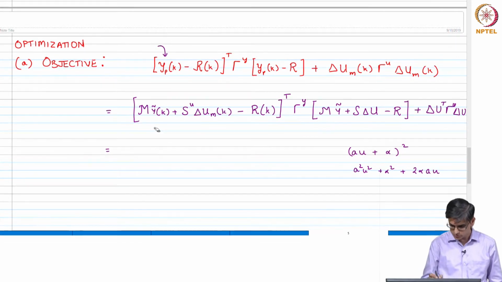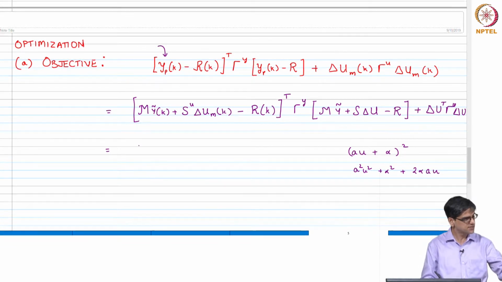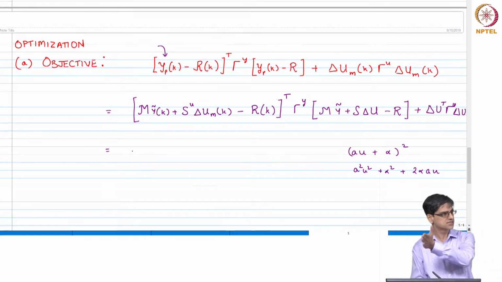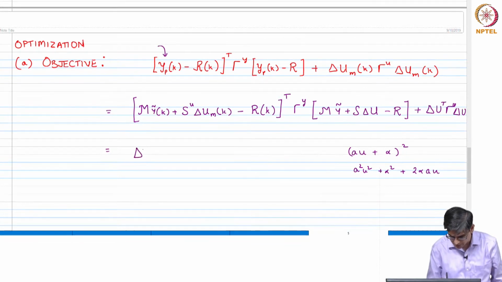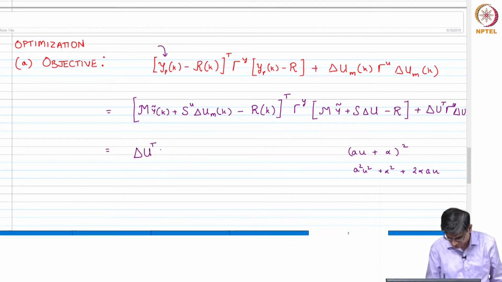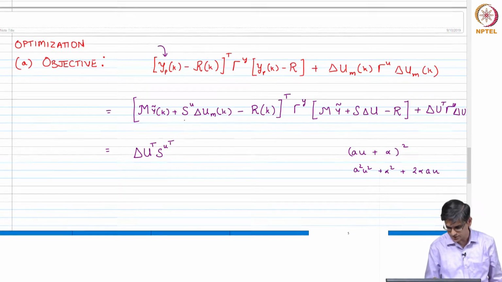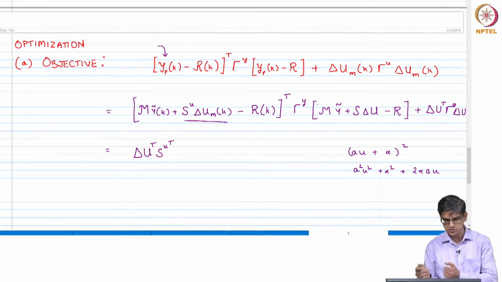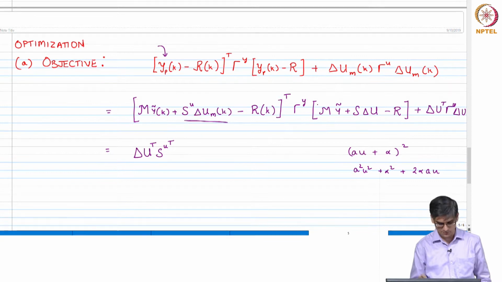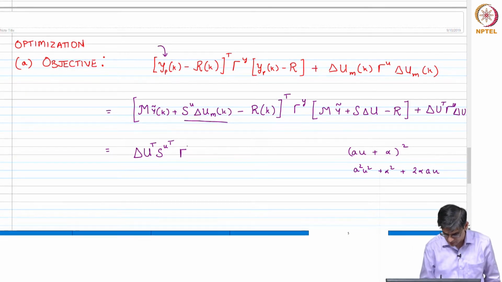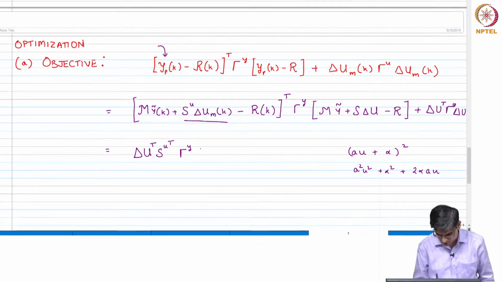Okay. So, if you look at the delta u terms, you will have delta u transpose s transpose gamma y s delta u. Okay. That is what you will get. Because there is a transpose, this term itself is going to get transposed, it is going to get multiplied by your gamma y, and it is going to then get multiplied by your s delta u.